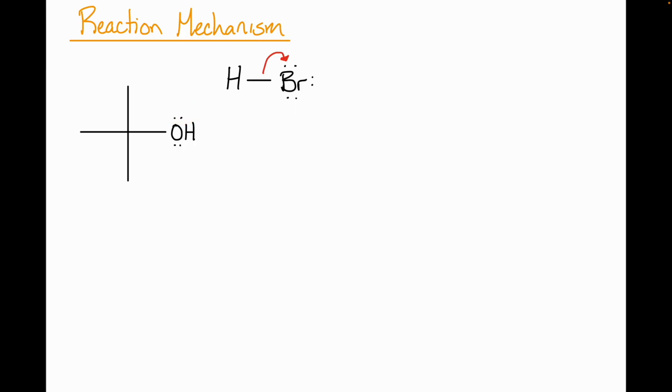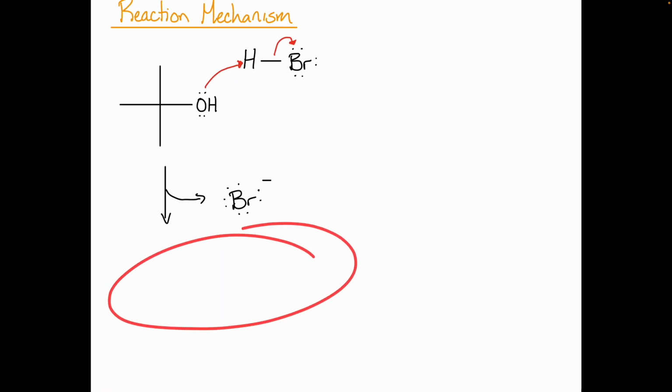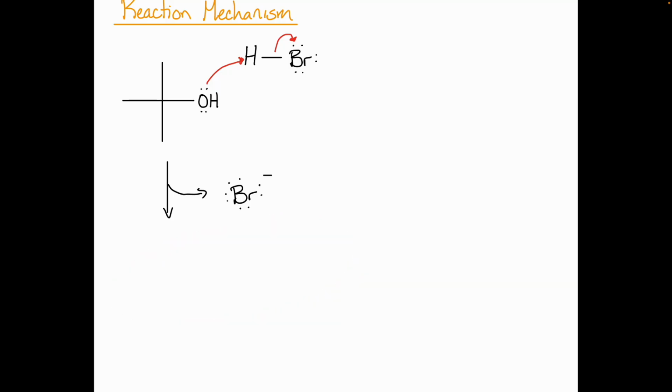So what's going to be playing the role of the base here is my oxygen. We're going to protonate that hydroxyl group. So that'll create that bromide ion, and everybody take a second following these electron pushing arrows, give me what my organic intermediate is here in this reaction.